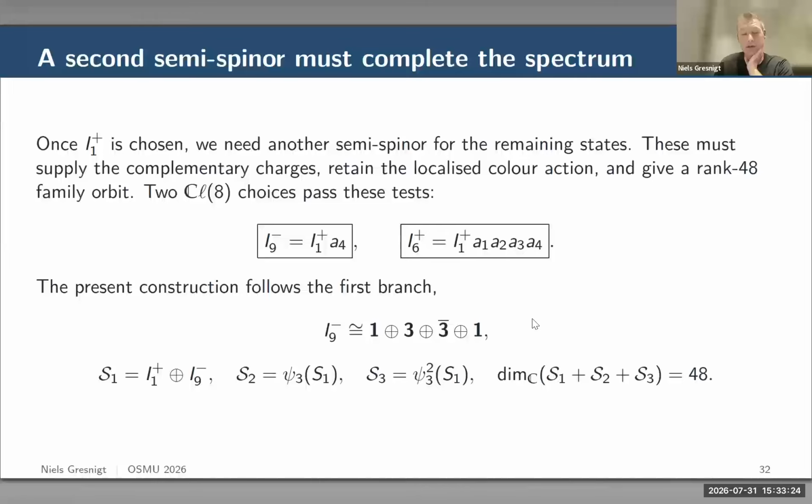And so now if we identify the first generation space with S1, so the direct sum of those two semi-spinor spaces, then once we apply the Psi3 automorphism, so that's the S3 symmetry, we end up with the remaining two generations, and they're all linearly independent. So the dimension of the space that they generate is 48.